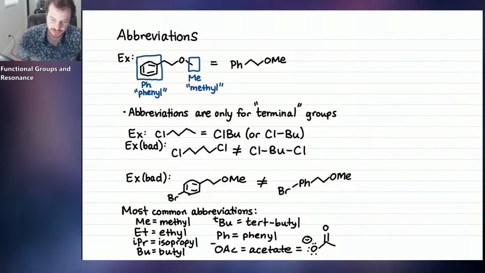It has a negative charge. It's the acetate group. So there's also uploaded along with those functional groups some common abbreviations that you should know. All right. Sweet. Okay, those are abbreviations. And again, you're never forced to use abbreviations, but I sometimes use them, so you should know what they represent.